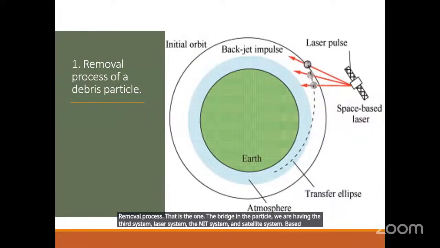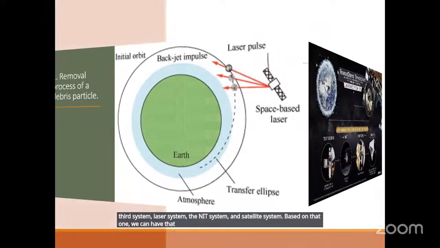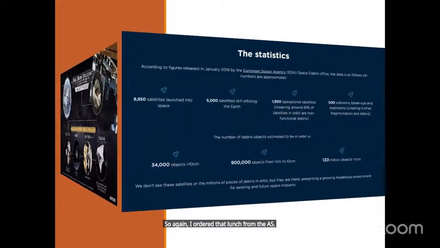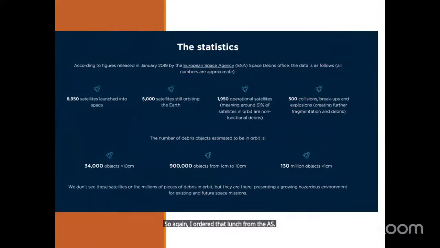Based on that, we can have this laser system. Again I told you about the launch from the IAS. What are the statistics? You see, 8,950 satellites, and 5,000 satellites are still in orbit. 1,950 satellites are defunct. 500 collisions, breakups and explosions have occurred.